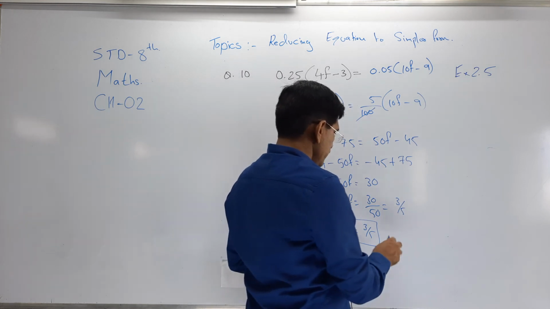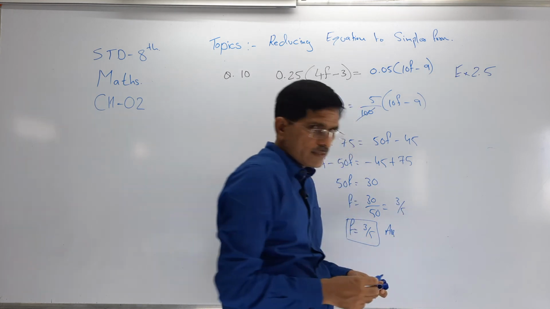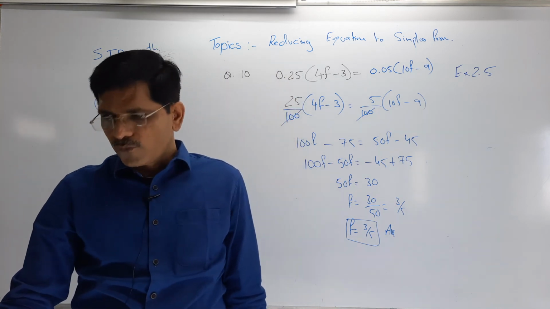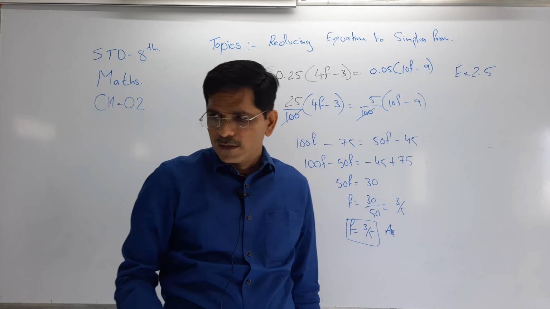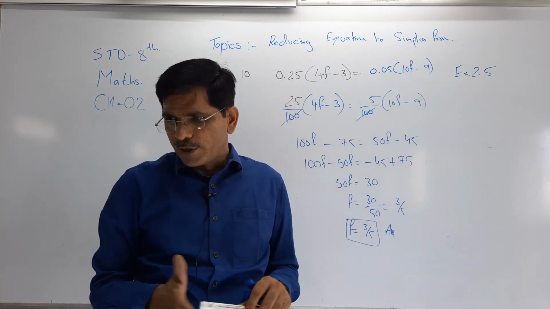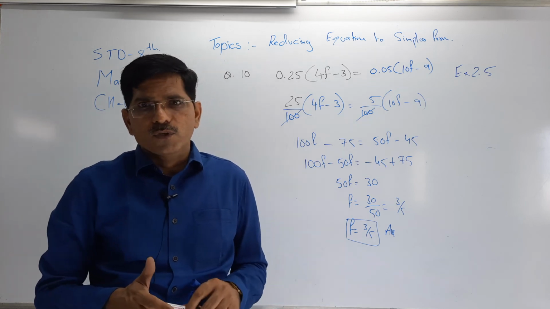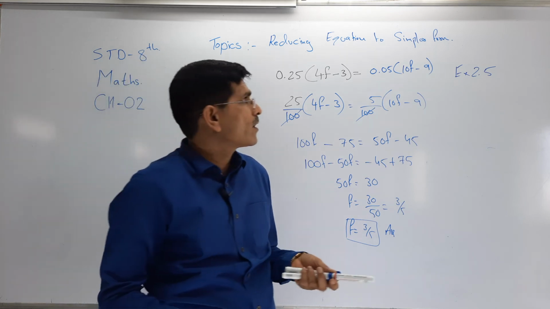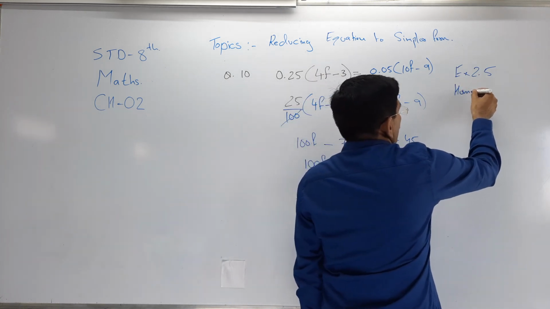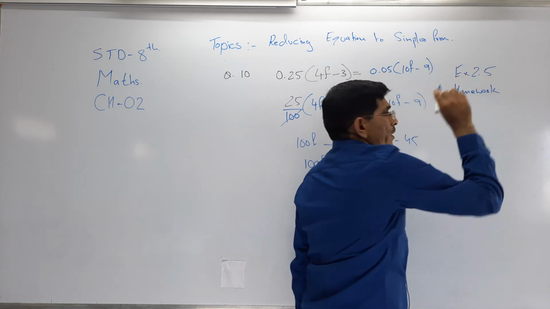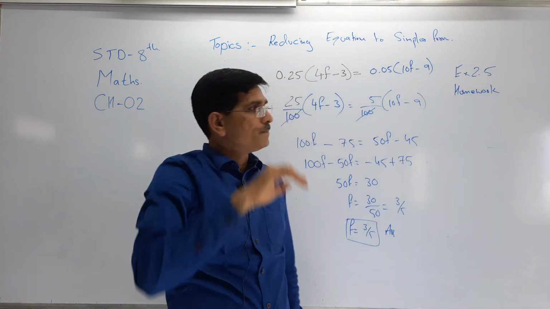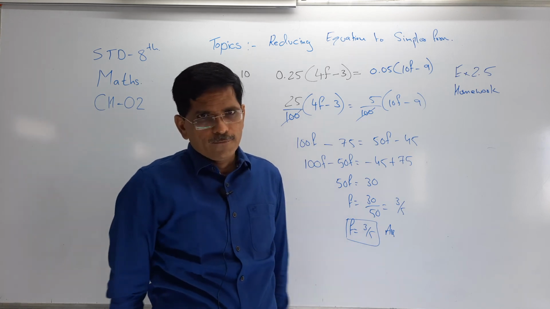I think it is also easy. So, total 10 sums are there. Out of 10, I have completed 6 or 7 sums, more than 5 sums. So, 50% of the sums I have completed, and you have to do the rest in homework. So, in homework what you have to do? Exercise 2.5, 10 sums are there.